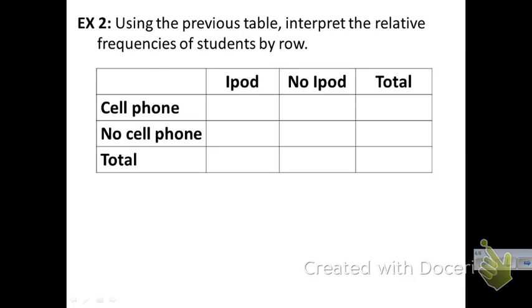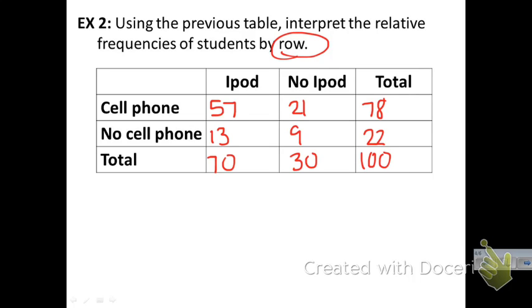Example 2 says, use the previous table to interpret the relative frequency of students by row. So we're going to go by row here. When we go by row, we're going to remember that a relative frequency takes a ratio of a subtotal to the total.